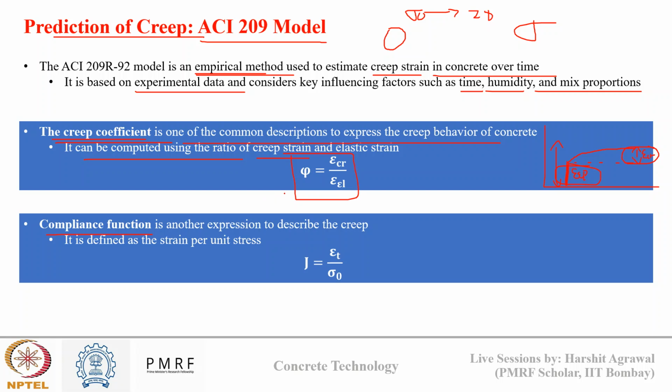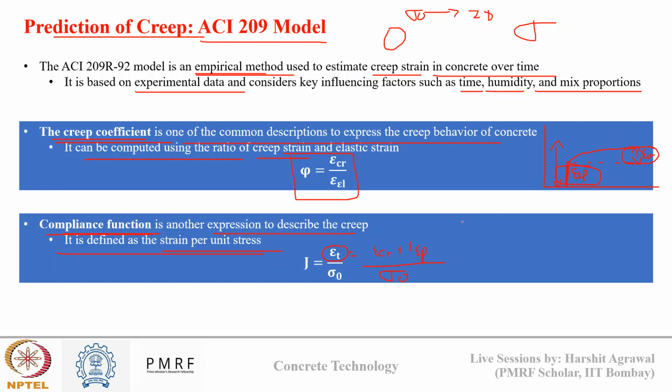Weaker concretes will have a higher creep coefficient, while a denser and stronger concrete will have a lower creep coefficient. Second is the compliance function, which is again an expression of creep, defined as strain per unit stress. Total strain, that is creep strain plus elastic strain, depends upon the sustained loading we have applied.